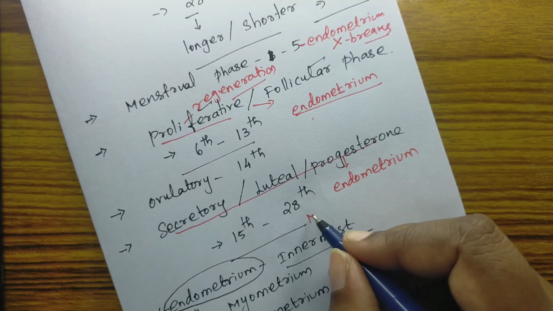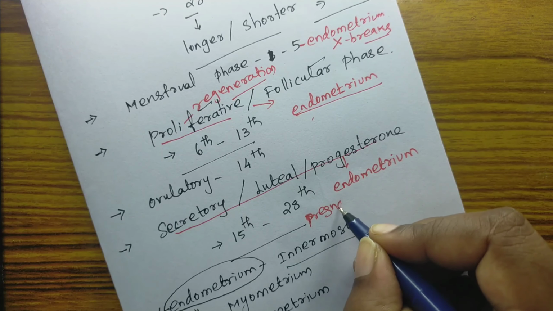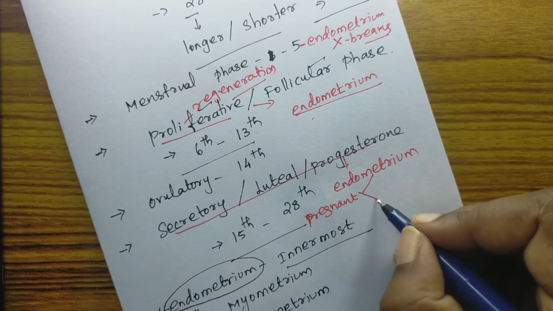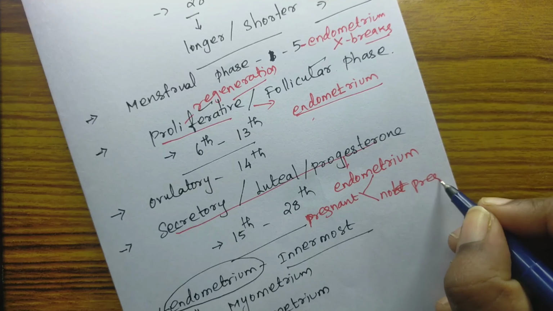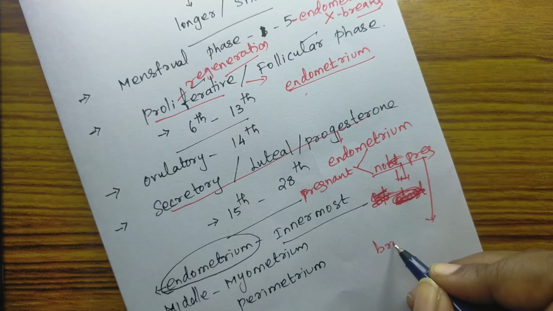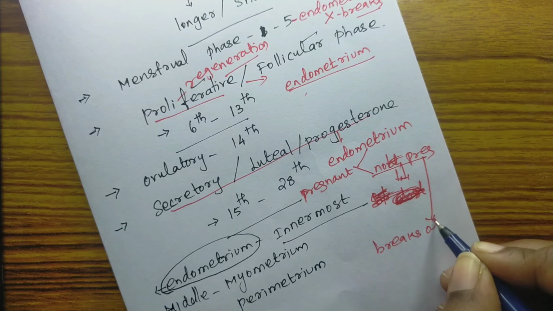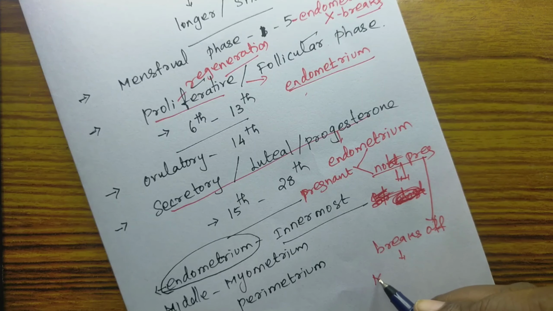If the mother is pregnant, the endometrium remains as such, and if the mother is not pregnant, the endometrium breaks off, resulting in menstrual bleeding.